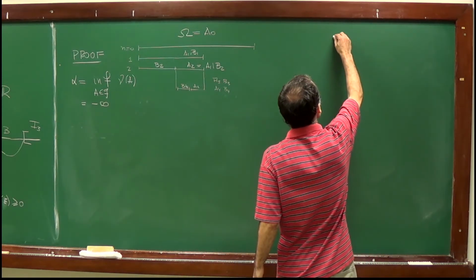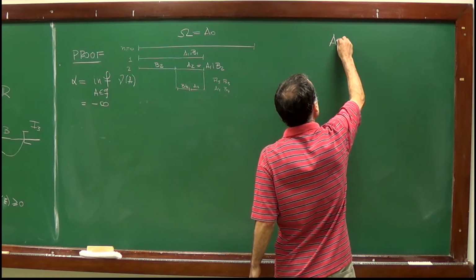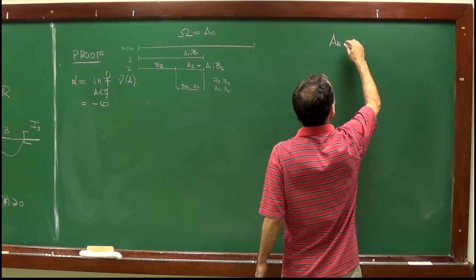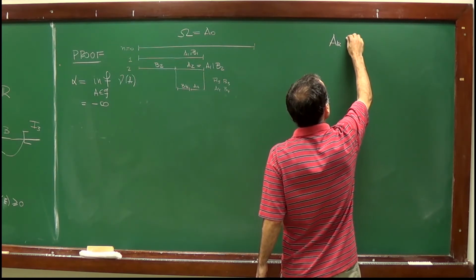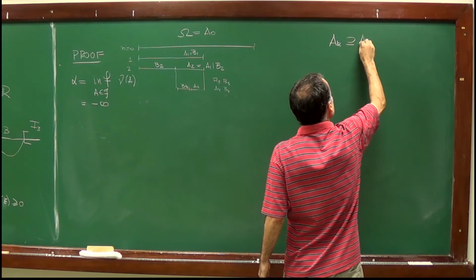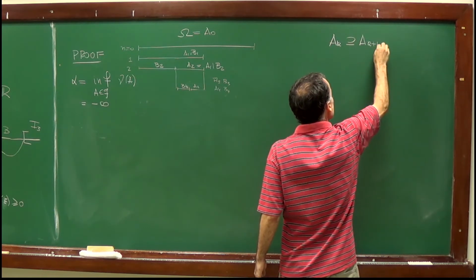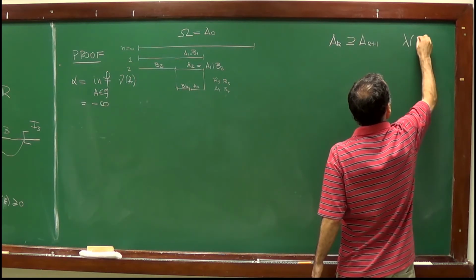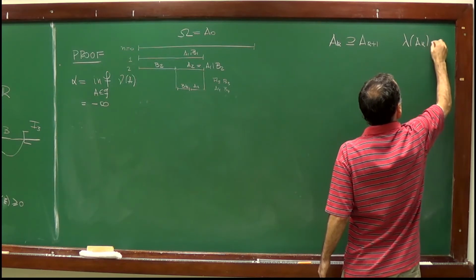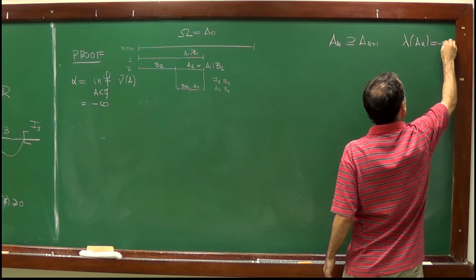We construct this family of sets A_k, which is a decreasing sequence. So A_k contains A_{k+1}, and lambda of A_k is always equal to minus infinity.